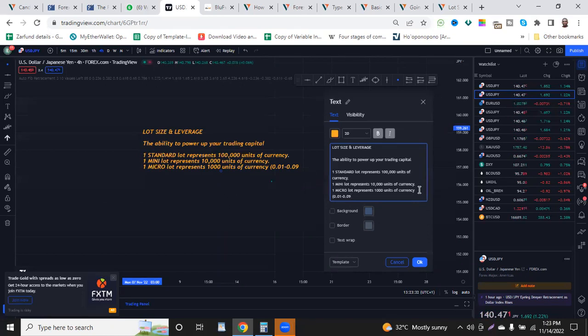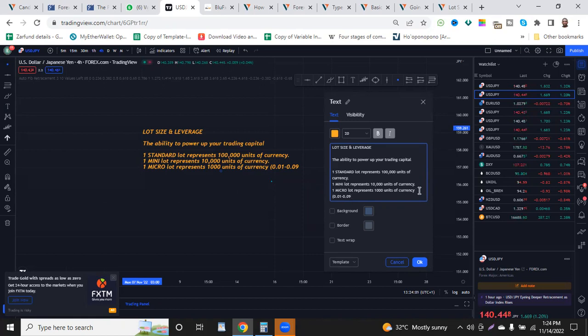That is the volume someone else has to do the business. It's the same thing when you are moving from one lot to the other. When you're using the micro lots, 0.01 to 0.09, your potential profits are going to be smaller because your capital is smaller.